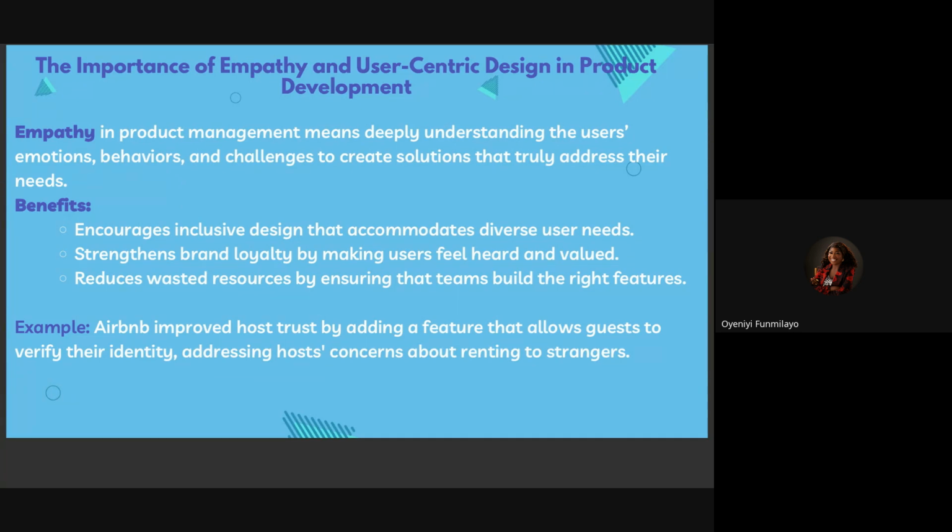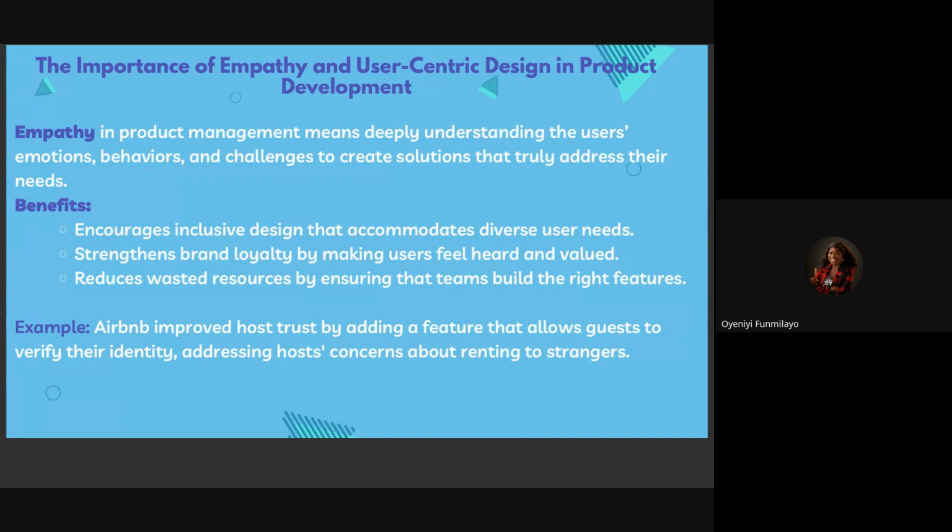Maybe it has happened to you that there's something you really want, and one day you see a product that is solving the thing that has been frustrating you. It just makes you feel very valued, especially if it's a product you are even using and they came up with a possible solution for it. And it reduces wasted resources by ensuring that teams build the right features.